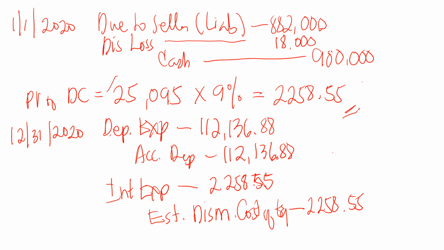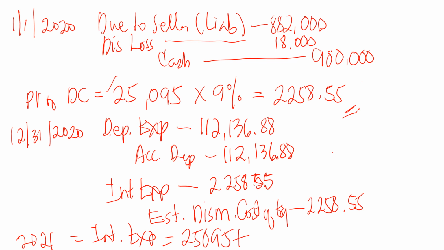So next year, pagdating natin ng 2021, how much is our interest expense? So that will be 25,095 carrying value ng January 1, 2020 plus yung amortization ng December 31, 2020, which is 2,258.55. So we will have a new carrying value of 27,353.55 pagdating natin ng 12/31.